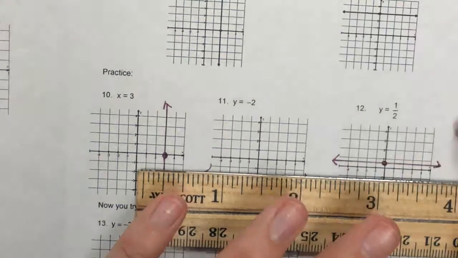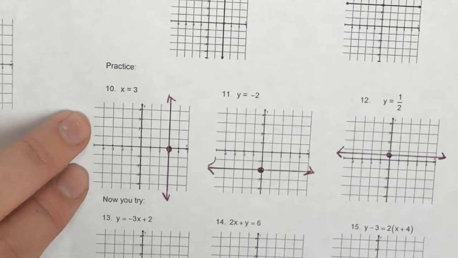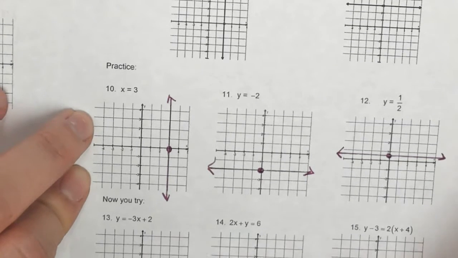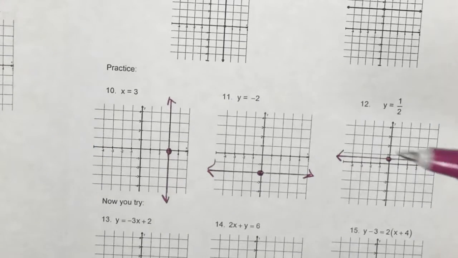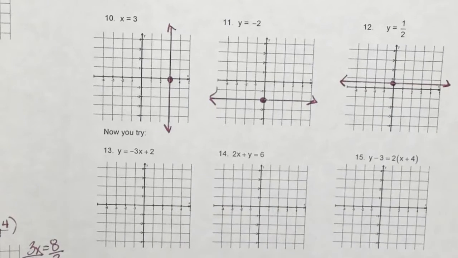So, here's what I want you to do now. There's this section called Now You Try, and they're all kind of scattered. They're all examples that have something to do with this entire notes, okay? I want you to take about 6 minutes and do some of them. I wouldn't do the ones that you know you can do.